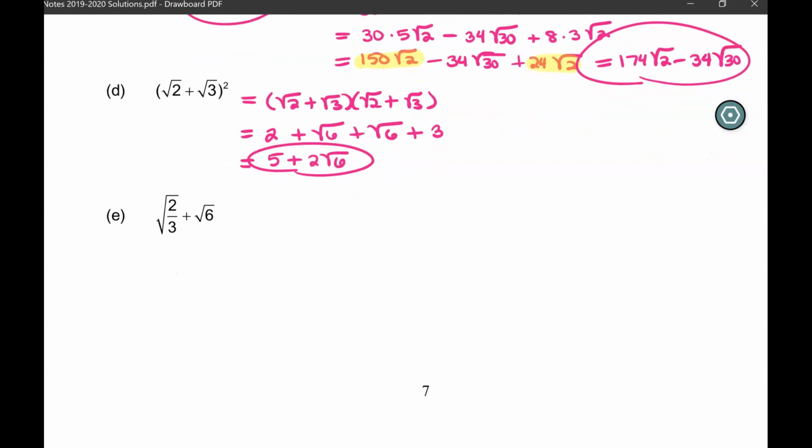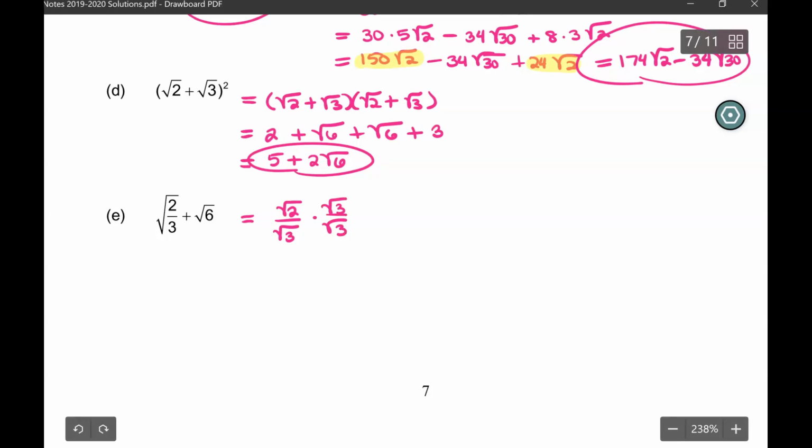Okay, and the last one, I have a fraction, and then I have just the square root of 6. So first thing I'll do, I'm going to rewrite this. And I notice I have a square root in the bottom, so I'm actually going to multiply by square root of 3 over square root of 3 to rationalize. So I get square root of 6 over 3 plus the square root of 6.